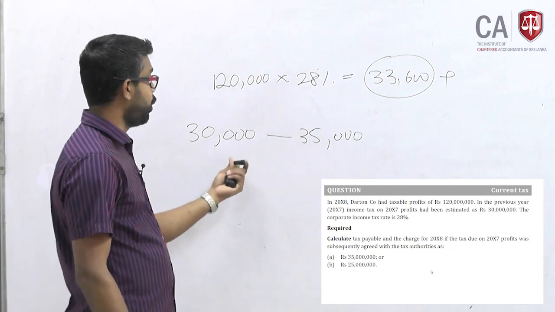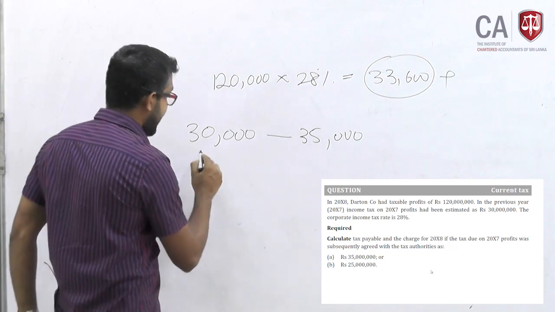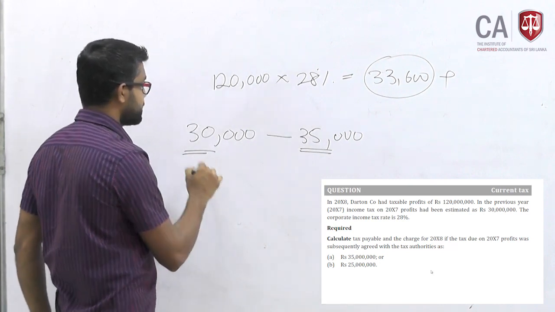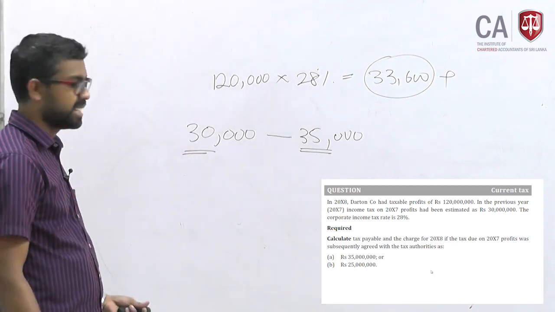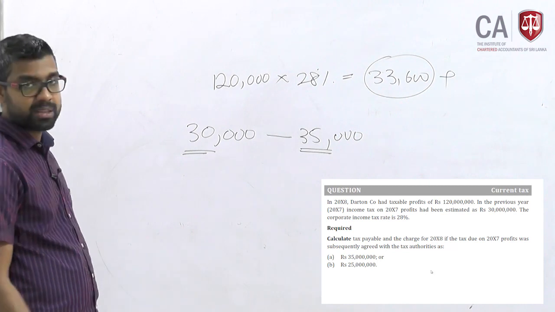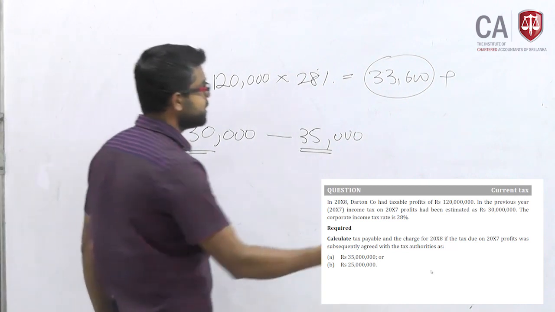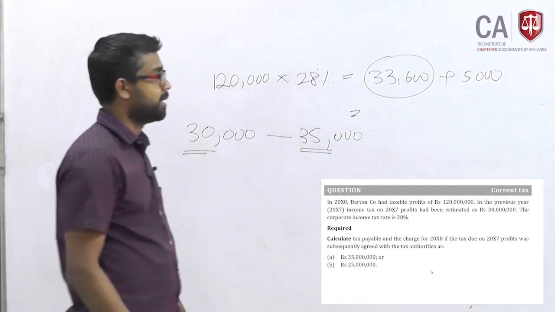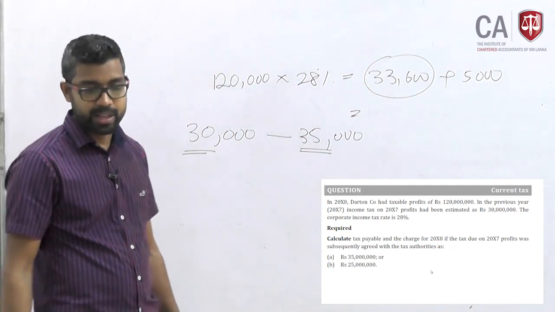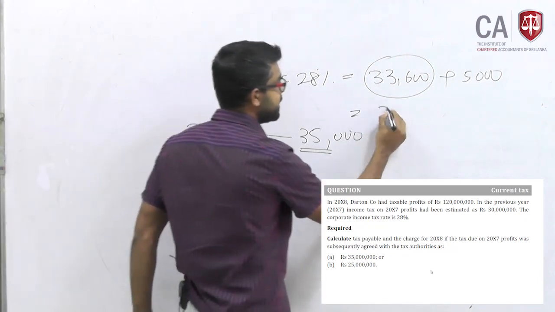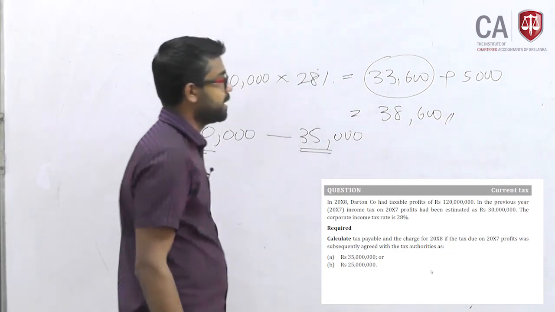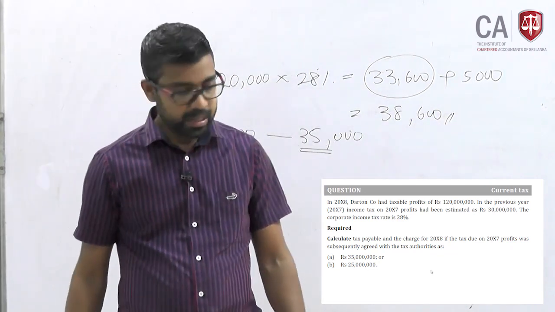So is there an over provision or under provision? Actual would be 35,000, but they have recognized 30,000. I am talking in thousands, but those are millions, right? So 5,000 is under provision. You have to add that to this year's number and provide it in the financial statements, which means this year's charge would be 38,600: 33,600 plus 5,000.